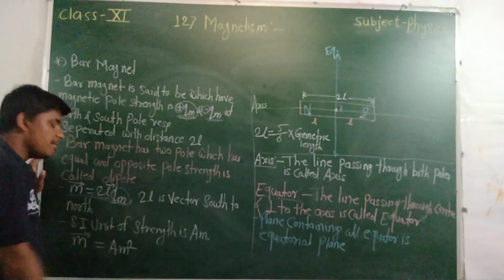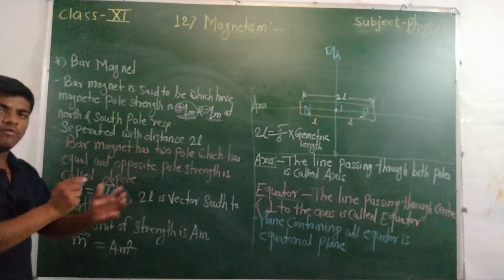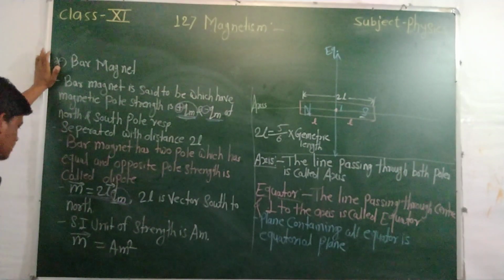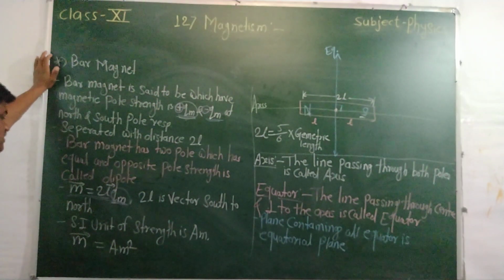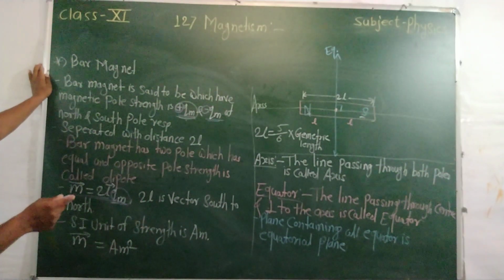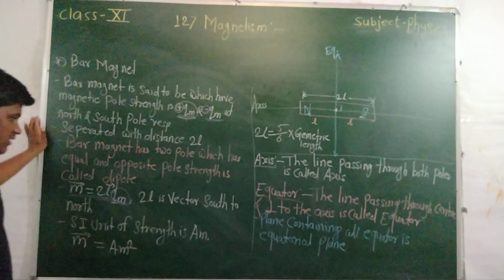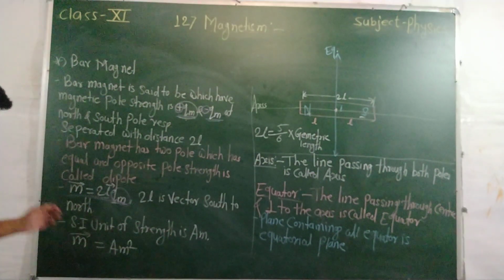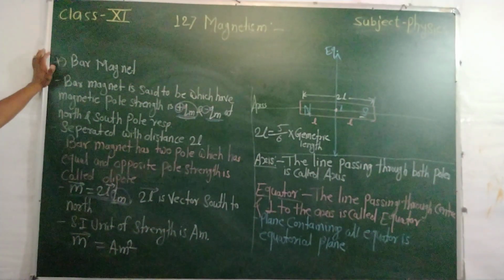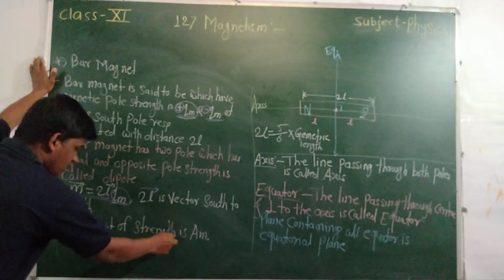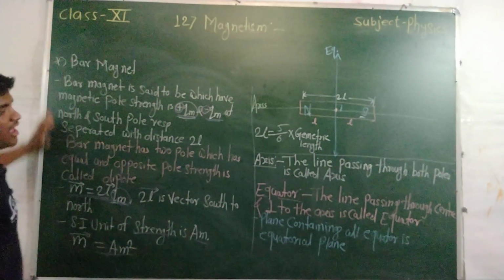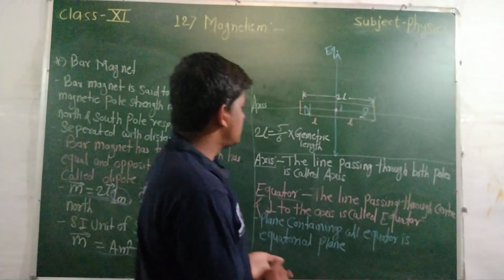The m shows the magnet, and q is the charge or strength. qm is the pole strength. The magnetic dipole moment is the product of the pole strength and the magnetic length. 2L is a vector, directed from south to north. The SI unit of pole strength is ampere meter, and the SI unit of magnetic dipole moment is ampere meter square.